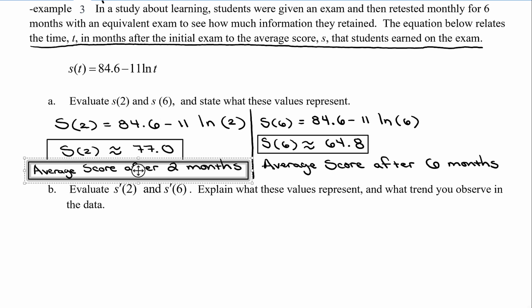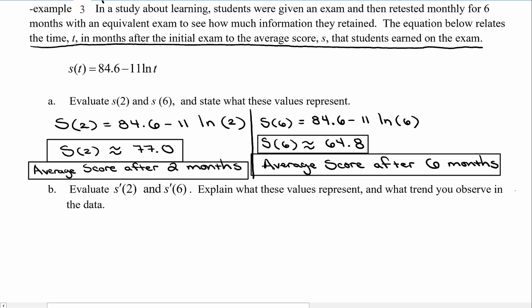Part B, evaluate S prime of 2 and S prime of 6. Explain what these values represent and what trend you observe in the data. Well, first we need to find S prime. So let me write down S of t, which is equal to 84.6 minus 11 times a natural log of t.